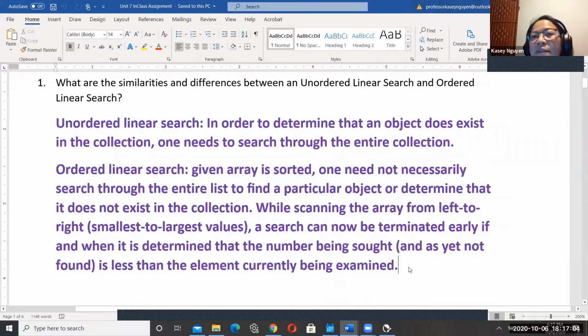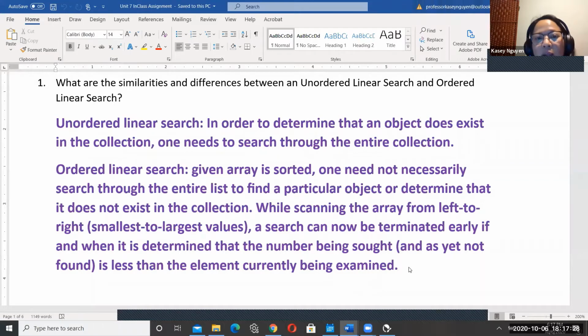That's the main difference: it's more efficient in that it doesn't have to search through the entire array. But it's still going to examine the items linearly. That will be the similarity.